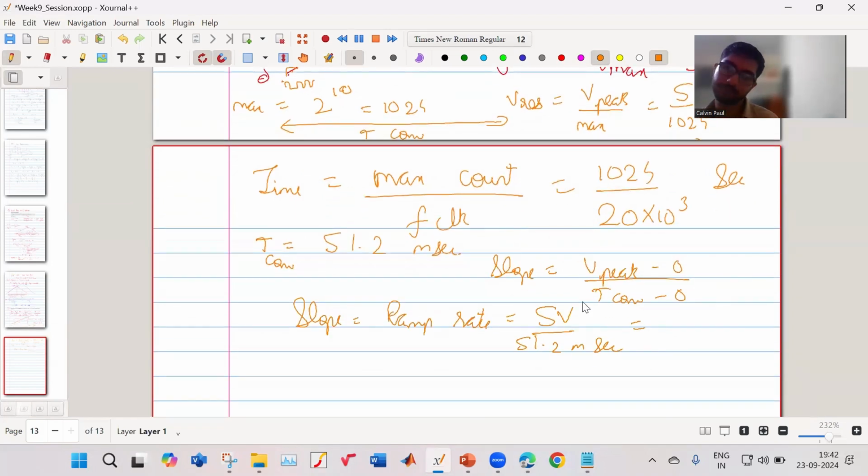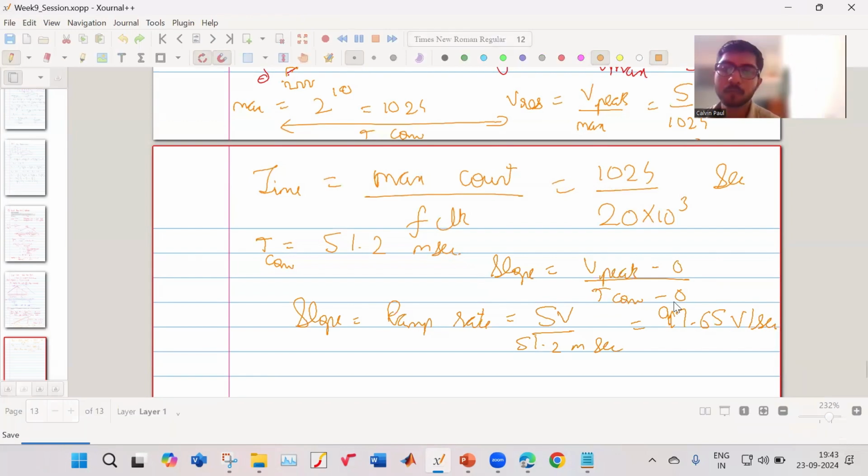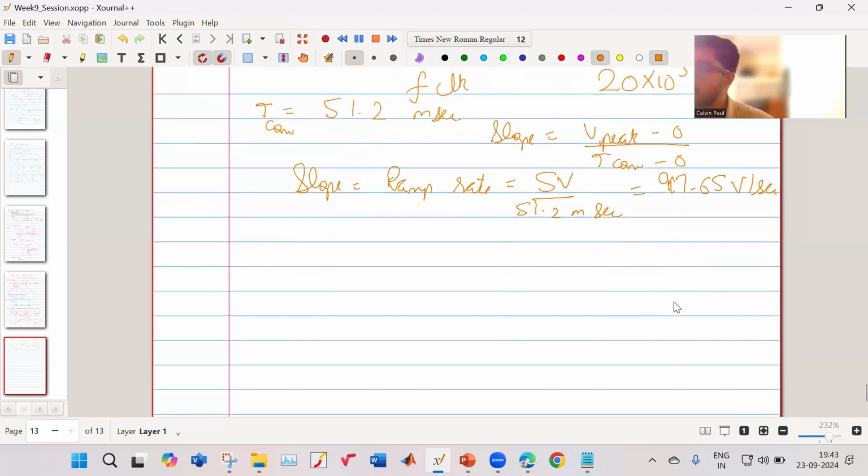In volt per second, it is 97.65 volt per second. So this is how we have solved that question for the single slope ADC.